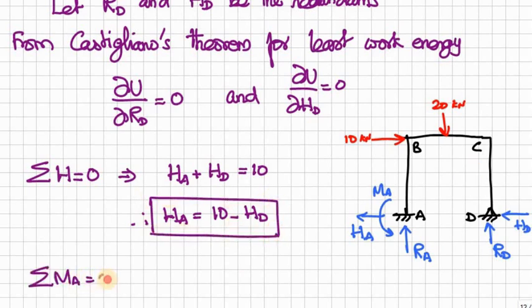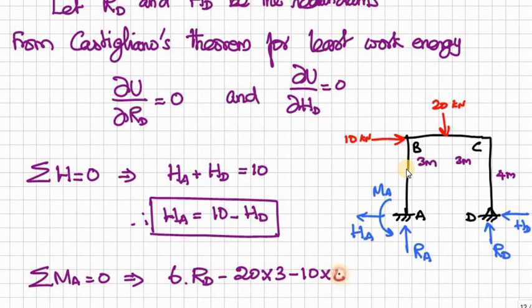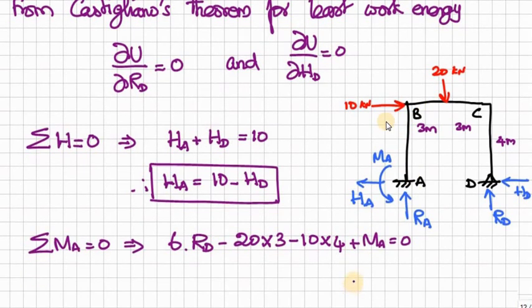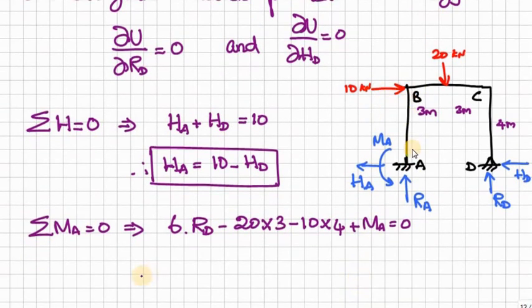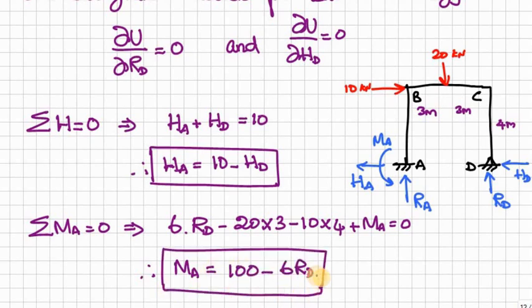Then from sigma MA is equal to 0, RD into 6 meter, minus 20 into 3 meter, minus 10 into 4 meter, minus MA is equal to 0. Therefore, MA is equal to 100 minus 6 times RD.